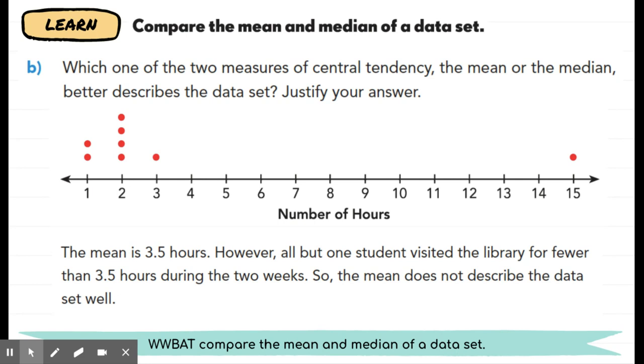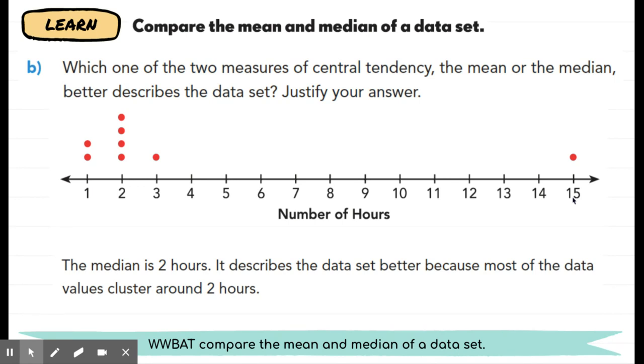So the mean does not describe the data really well. However, the median is 2 hours, which is how long the majority of people go to the library. So it describes the data set better because most of the data values cluster around 2 hours.